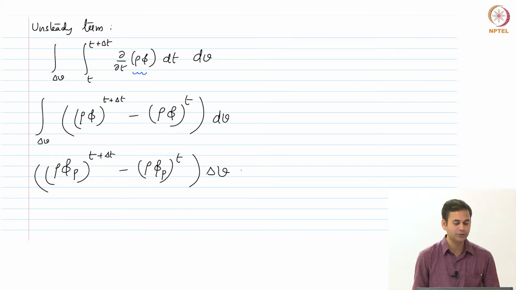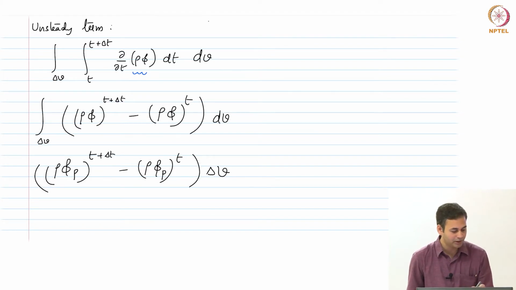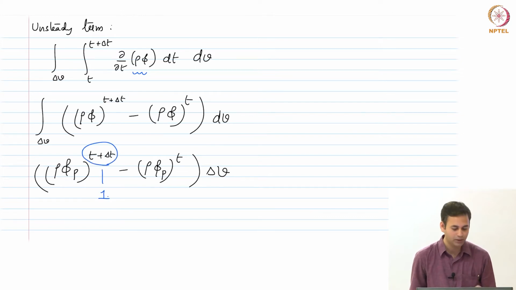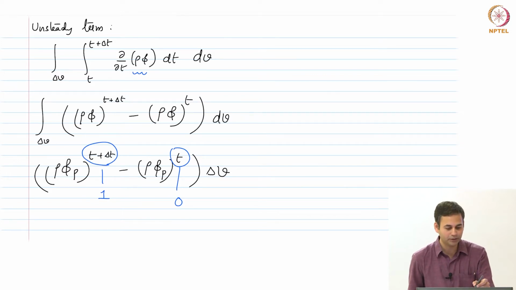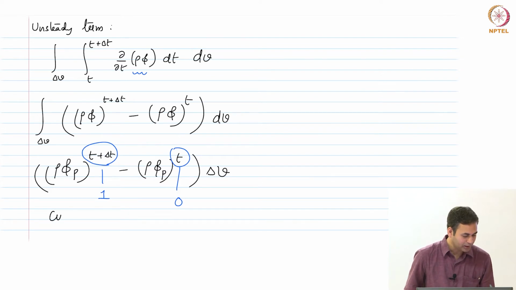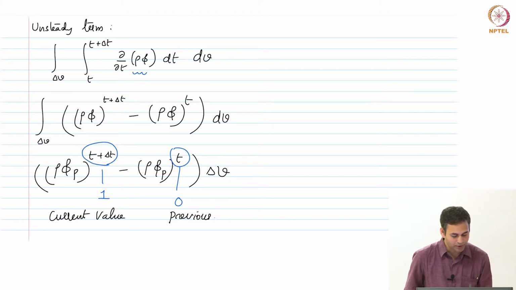Now, I will switch to a simpler notation. Instead of t plus delta t, I would like to write it as t with superscript 1, and t with superscript 0, indicating that 1 is the current value, and 0 is the previous time step value. So, essentially this is the current value and this is the previous time step value.